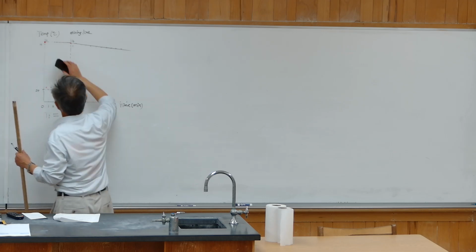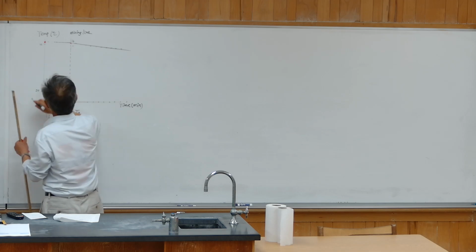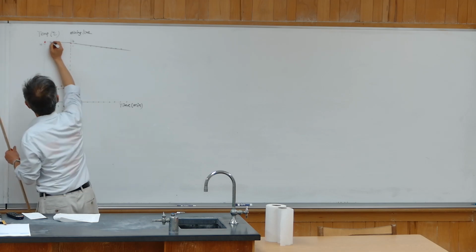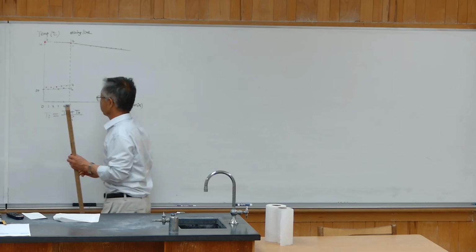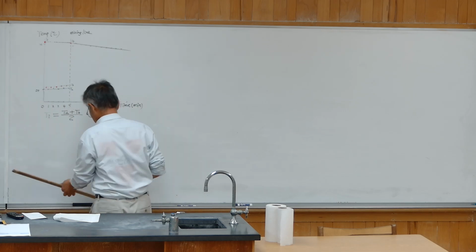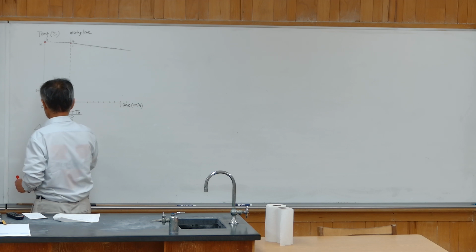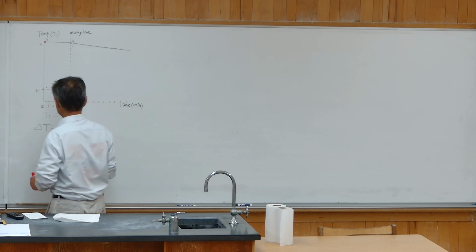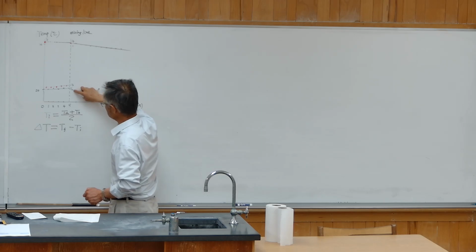Okay. This red colored dot will be the final temperature TF. Then temperature change, delta T, will be TF minus TI. TI from the average of this acid base initial temperature.